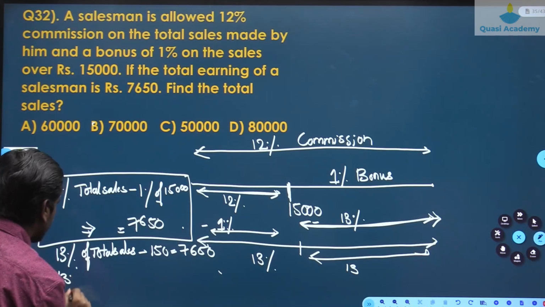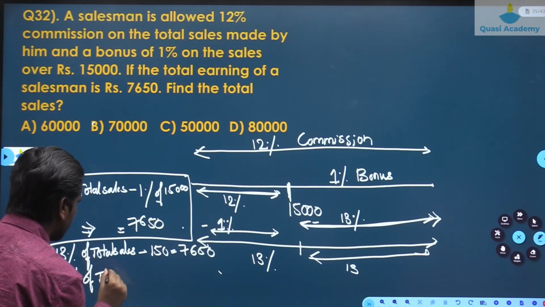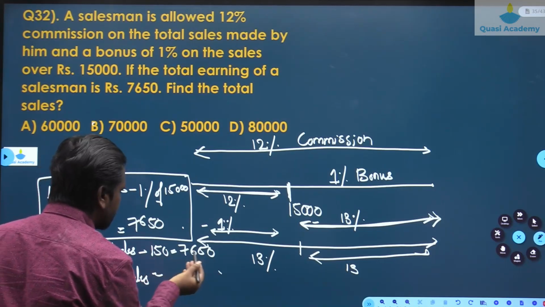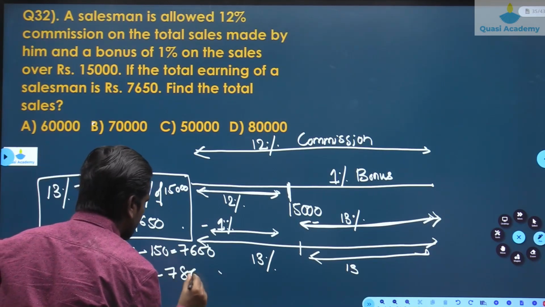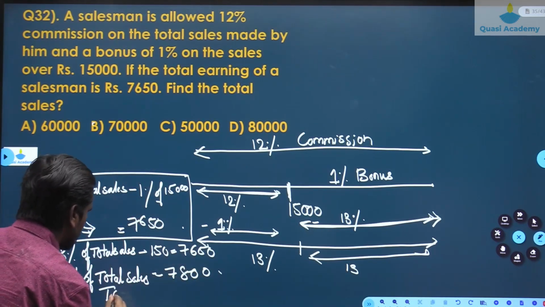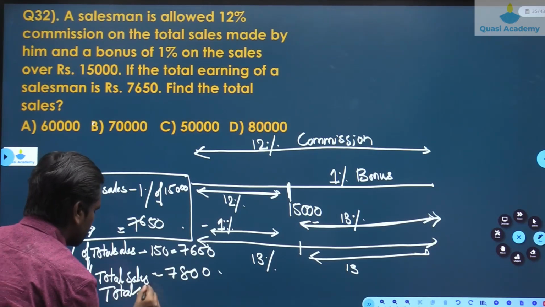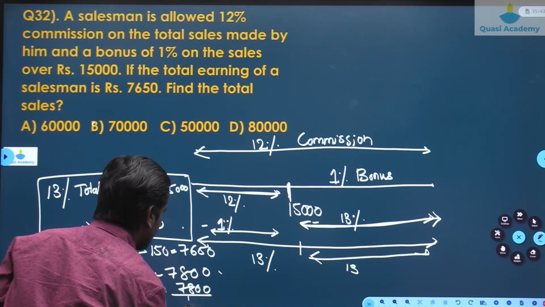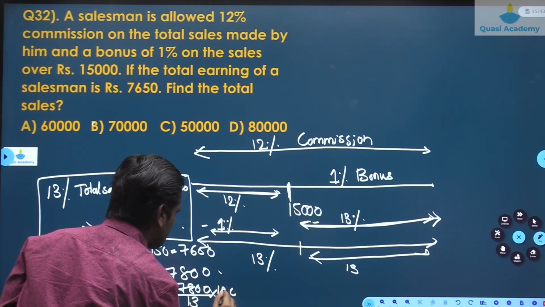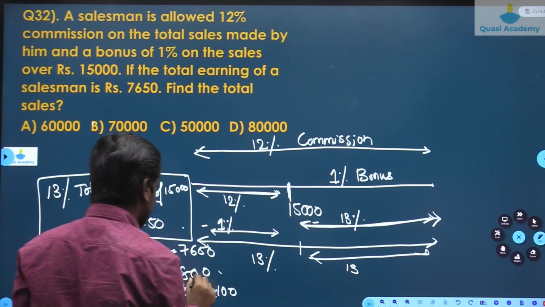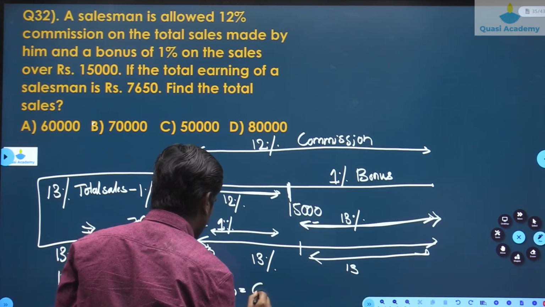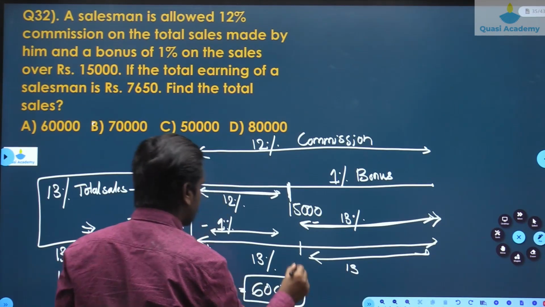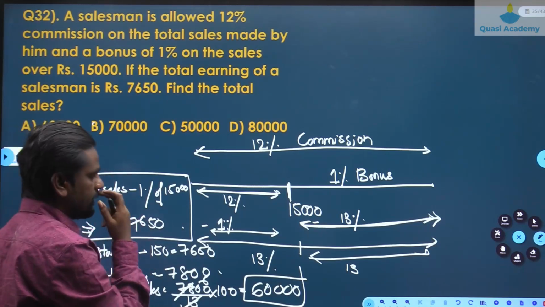So 13% of total sales equals 150 plus 7,650, that is 7,800. So total sales is 7,800 divided by 13, which is 60,000. So this is the answer.